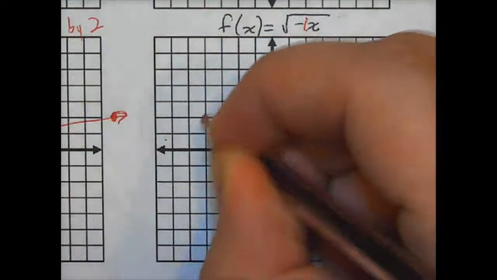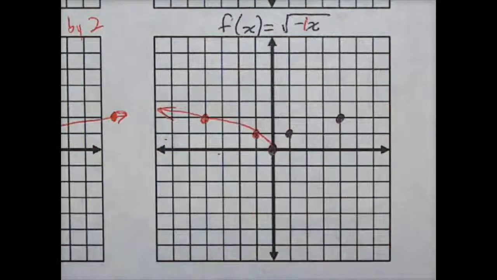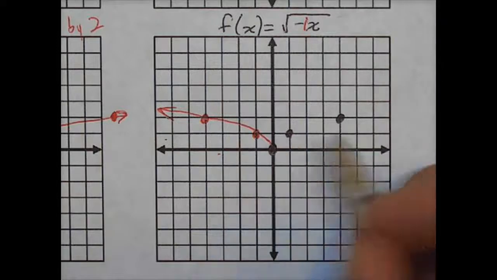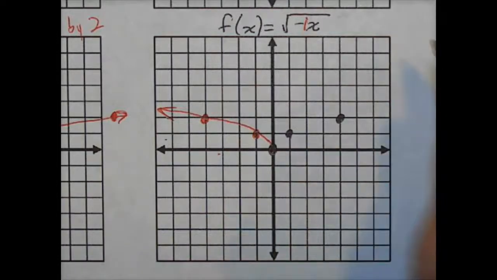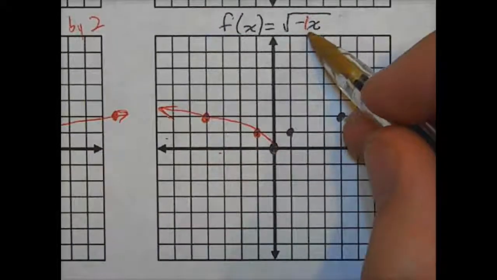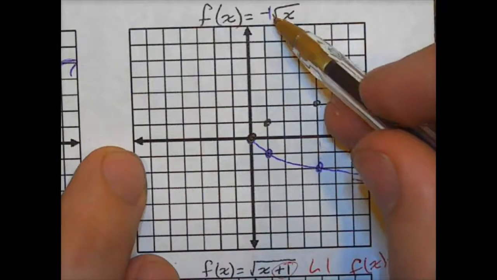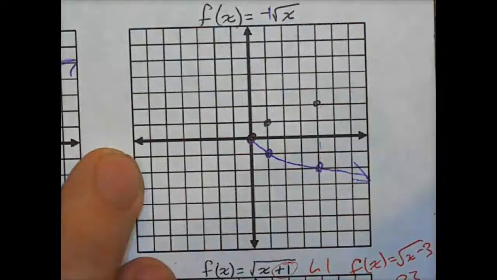So keep the same y value. So what happens is it reflects it over the y-axis. It's like a perfect mirror image from your parent function over the y-axis. So notice, negative with the x, it reflects it over the y-axis. When we had a negative with our y, it actually reflects it over the x-axis.